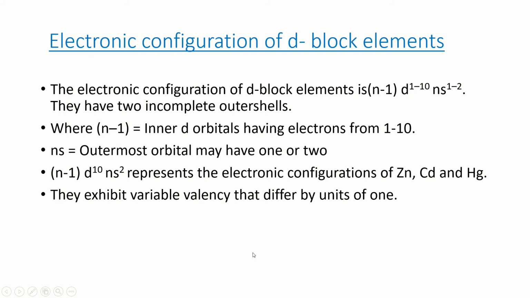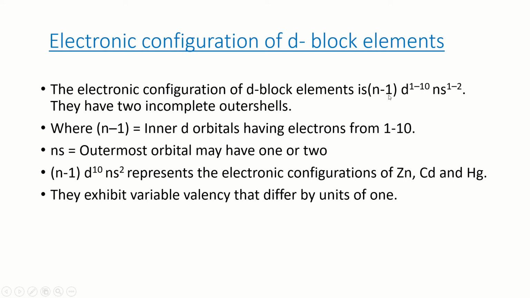Now, the electronic configuration of d block elements. Mainly the properties of d block elements depend on electronic configuration and number of unpaired electrons. The electronic configuration of d block elements is given as (n-1)d1 to 10 ns1 to 2.